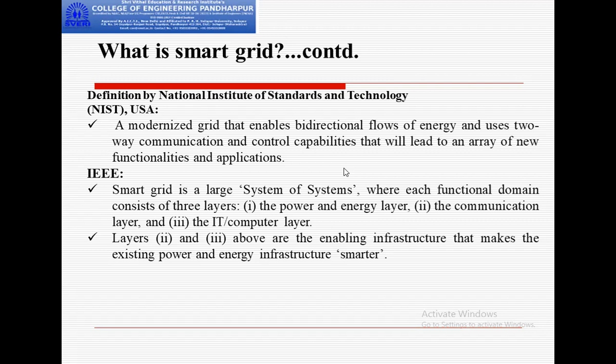So the existing grid itself contains the power and energy layer. What makes it smart is the communication layer and the IT or computer layer. In the communication layer, I told you PLC, SCADA, and the IT computer layer is programming languages. You can use Wi-Fi, whatever, on the consumer side, electronic meters and all.